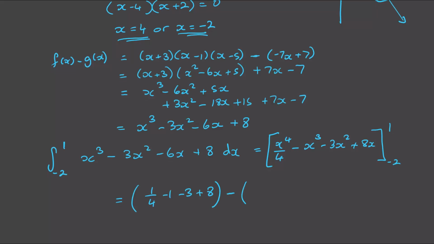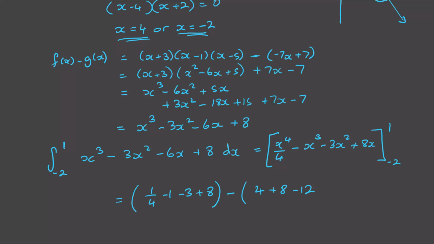Take away, so negative 2 to the 4 is 16, divided by 4 is 4. And then negative 2 cubed is negative 8, so that will be plus 8. And then we've got negative 3 times 4, so that's going to be take away 12.